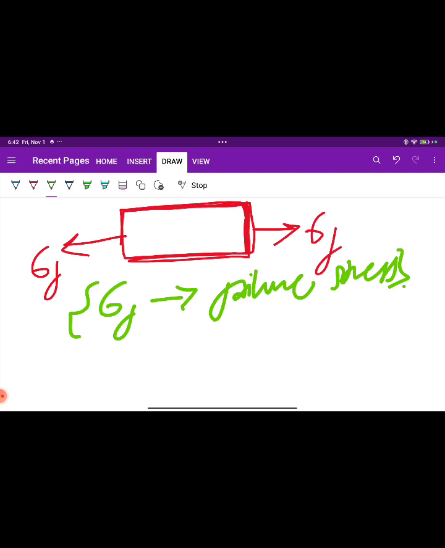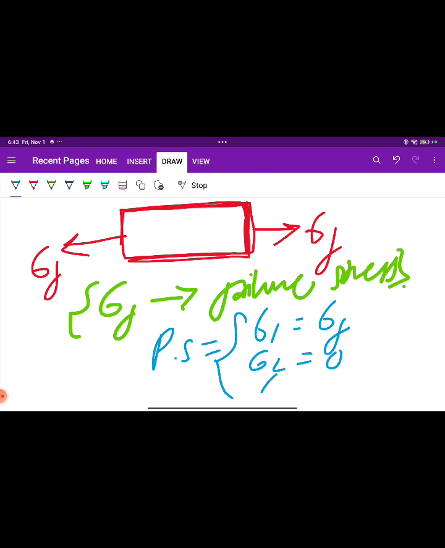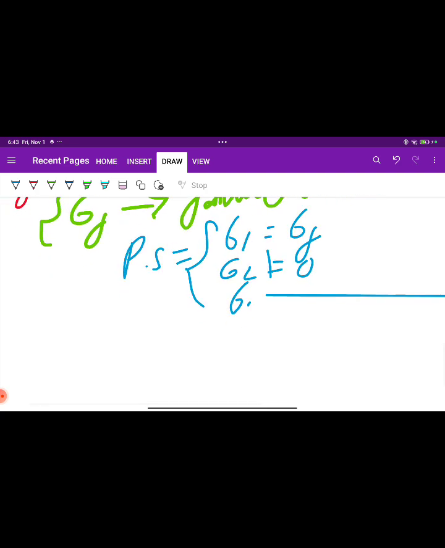And in this case, the principal stresses become sigma 1 equal to sigma failure, sigma 2 equal to 0, and sigma 3 equal to 0.